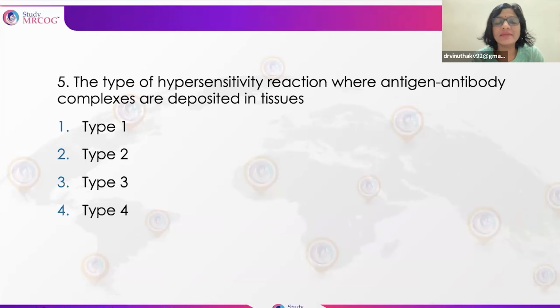It can get deposited in the kidney, and if it triggers the complement system, it will cause post-streptococcal glomerulonephritis. So this complex deposition in the tissues is type 3 hypersensitivity reaction.